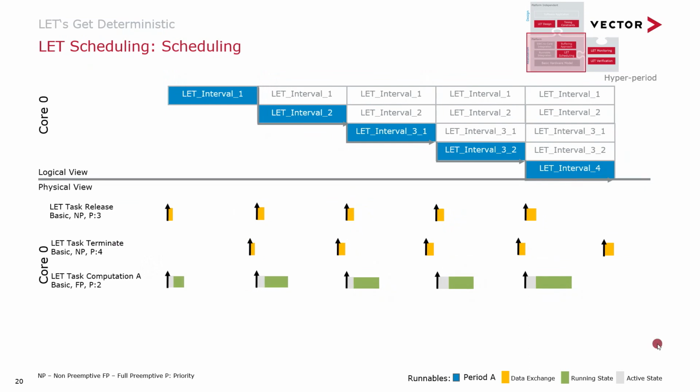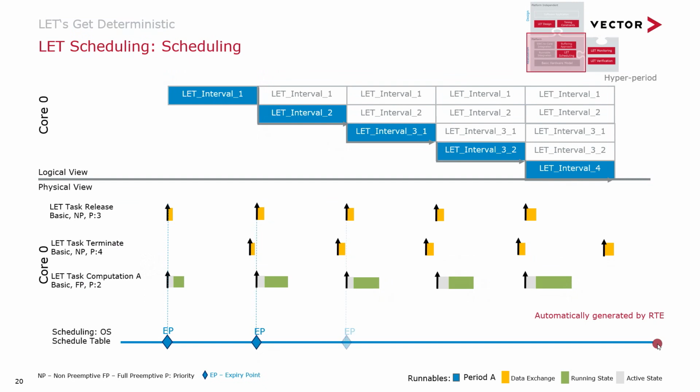To ensure the right timing activation of the LET intervals, RTE is automatically generating a schedule table and the corresponding expiry points based on our mappings. We can see that the release and computation are activated at the same time, and later on, based on the activation offset configured, the next expiry point for the termination is automatically configured.